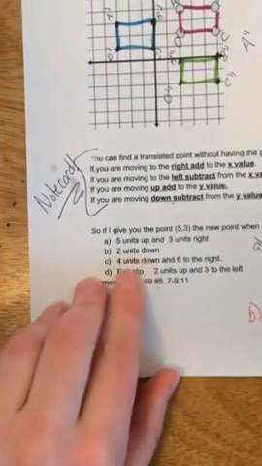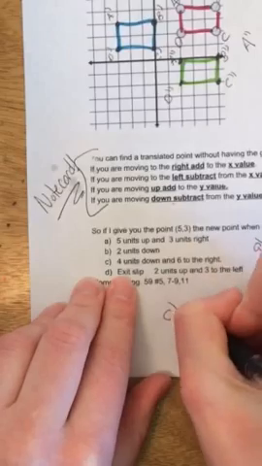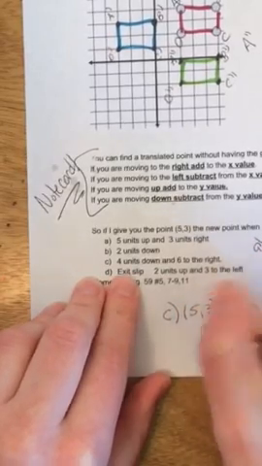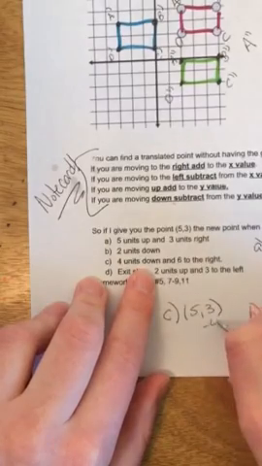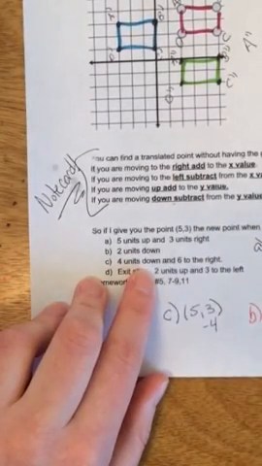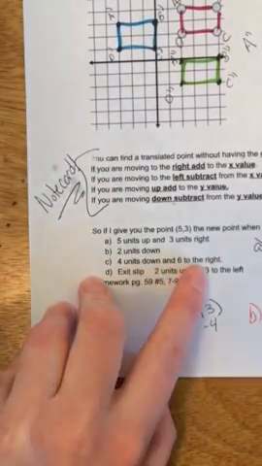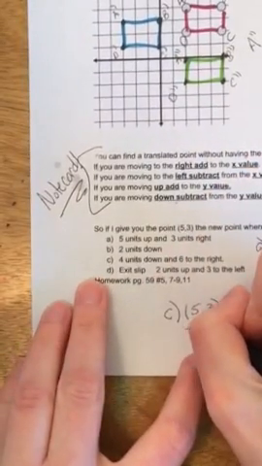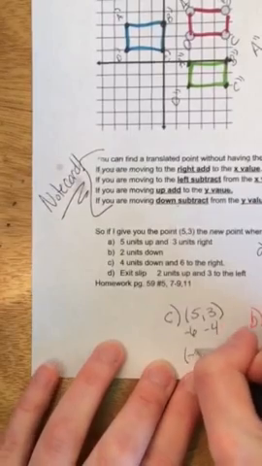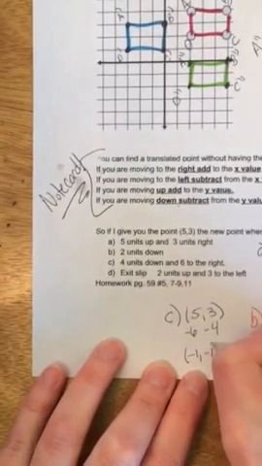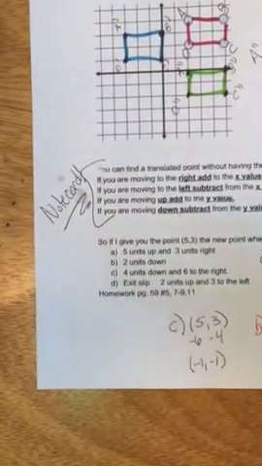Now C, again starting with 5 comma 3: 4 units down, so I subtract from the Y value. And 6 to the left means I'm going to subtract 6 from the X value. 5 minus 6 is negative 1, 3 minus 4 is negative 1, so I have the point negative 1, negative 1.